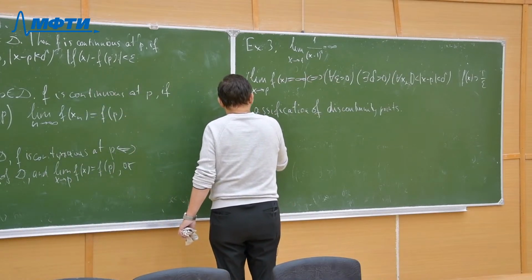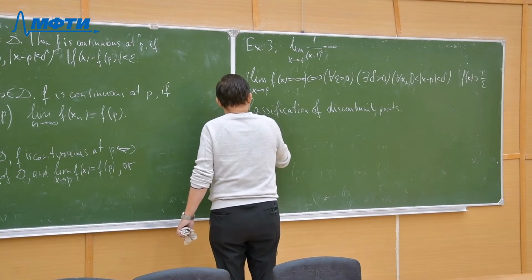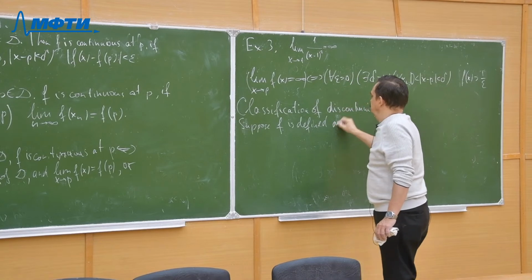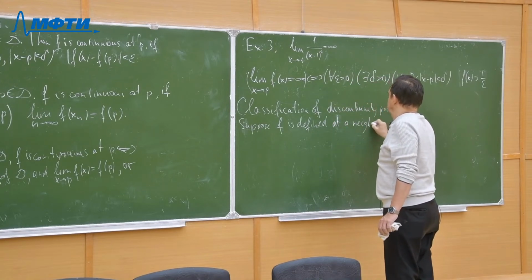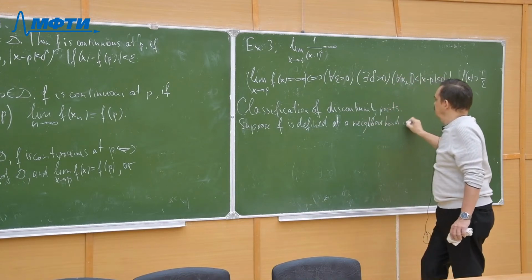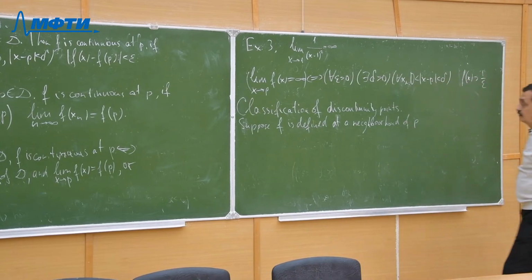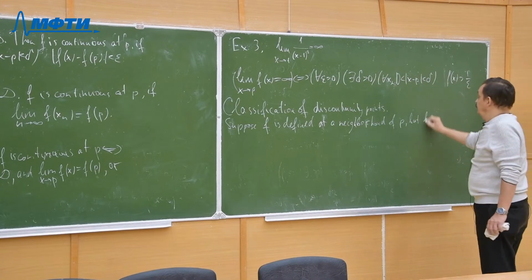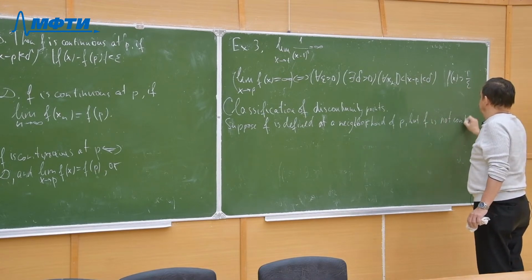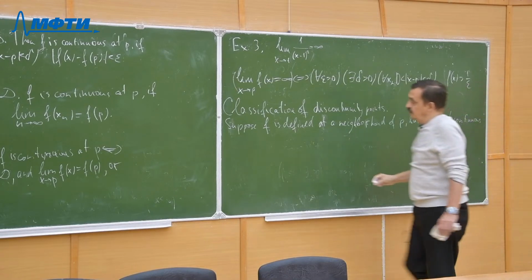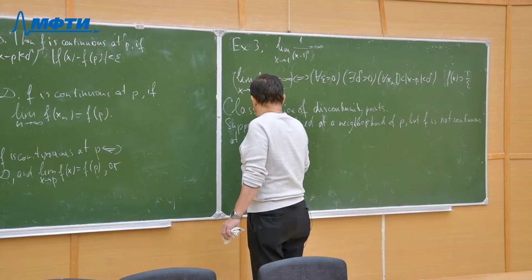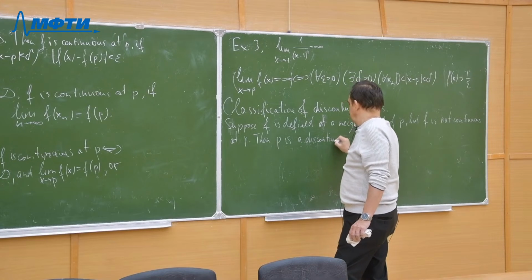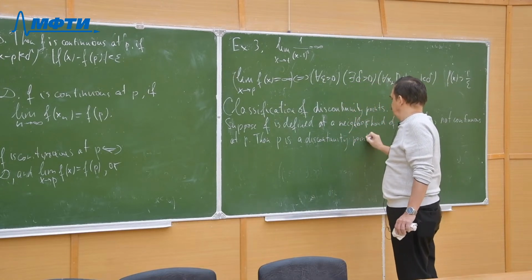So P, suppose f is defined in a neighborhood of P, but f is not continuous at P. Then P is a discontinuity point of f.